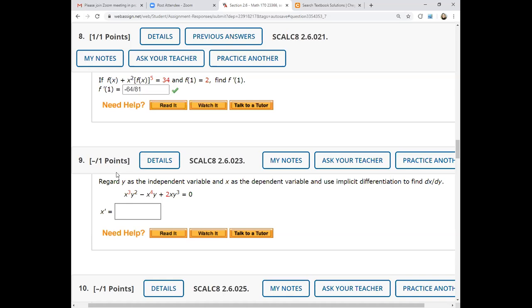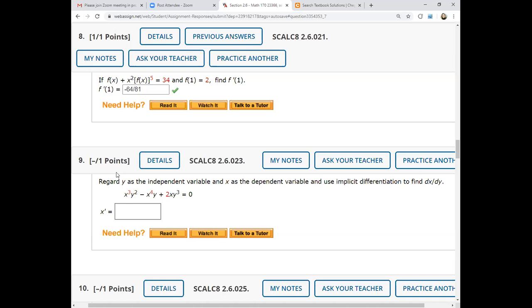And so the first one still bothers me. I think I have too many. x cubed y squared, and I'm differentiating with respect to x, with respect to y.